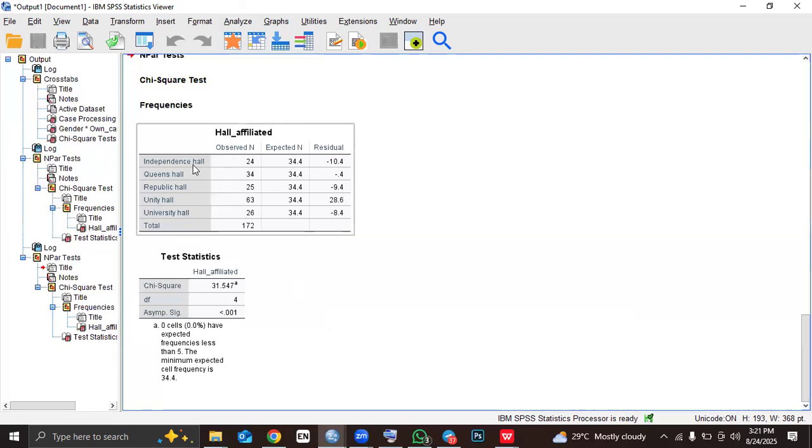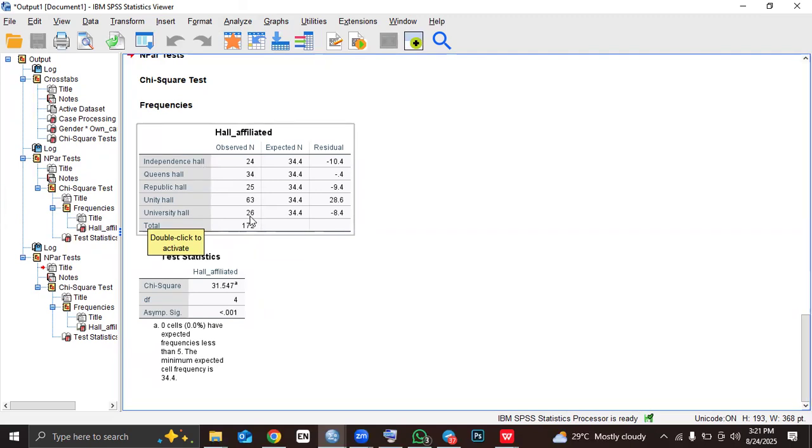We can see that in Independence Hall, we had 24 students. In Queen's Hall, we had 34 students. In Republic Hall, we had 25 students. In Unity Hall, we had 63 students. And then in University Hall, we had 26 students.